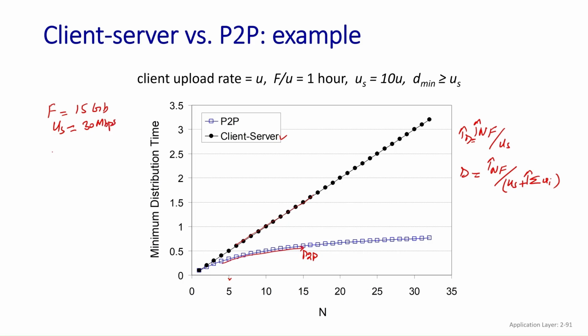And d min, which is equal to d i, is 2 megabytes per second.